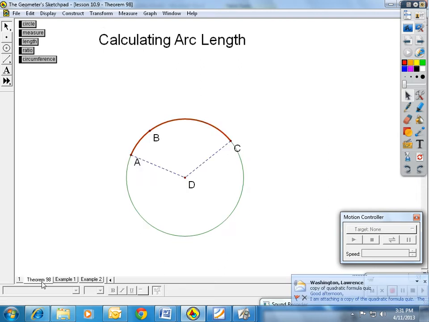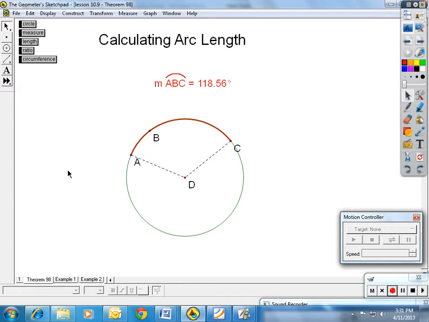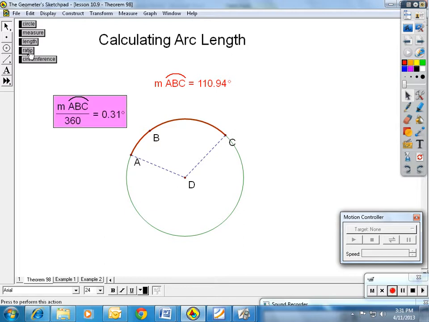So looking at calculating arc length, here I've got the measure of this particular arc is 118 degrees. You can see how that can be adjusted. What is the length of this? Well, I want you to think about this important ratio here. This ratio is found by taking the measure of the arc, which is 110, and dividing it by 360.